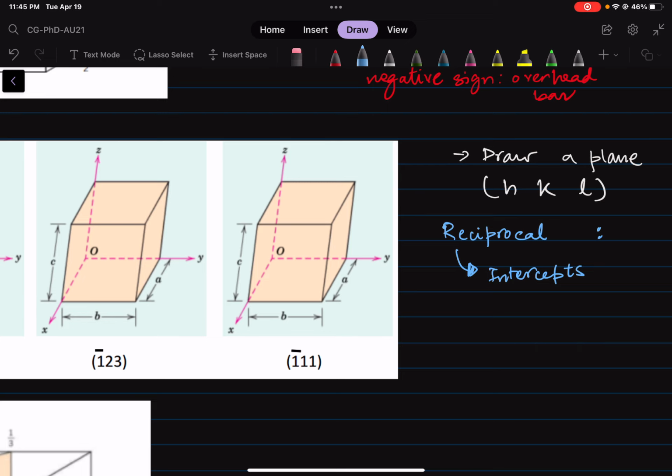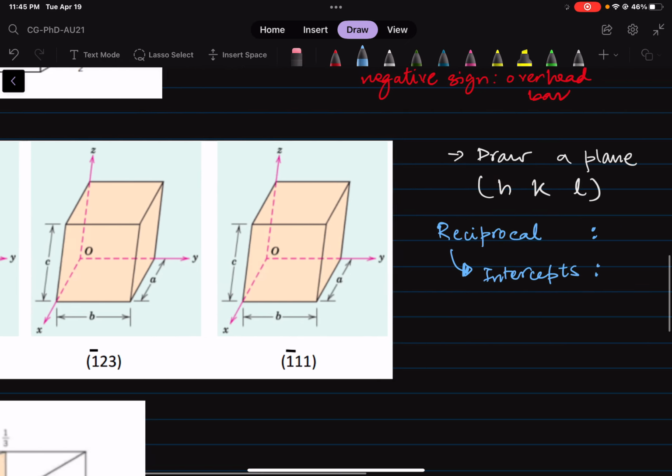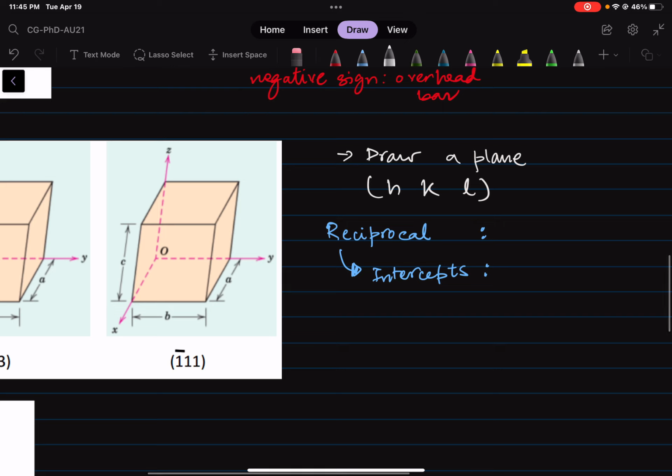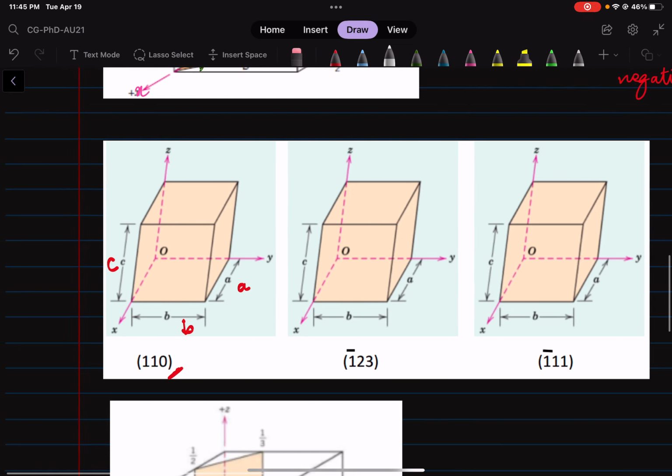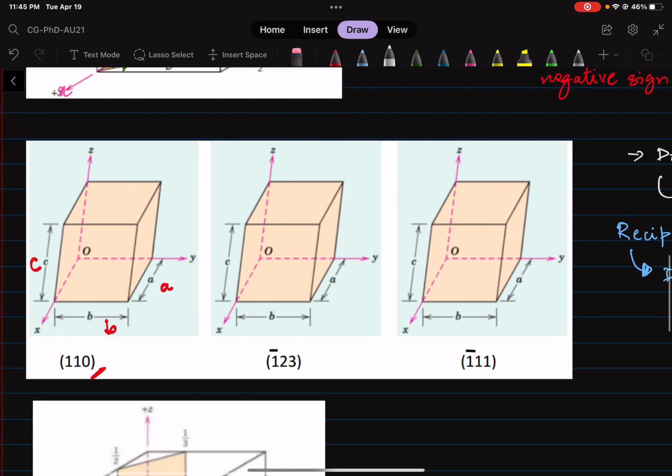So for example, the first one is given to us as 110. You do the reciprocal, it looks like this. Therefore, these will be the intercepts. So the intercepts are 1, 1, and infinity.